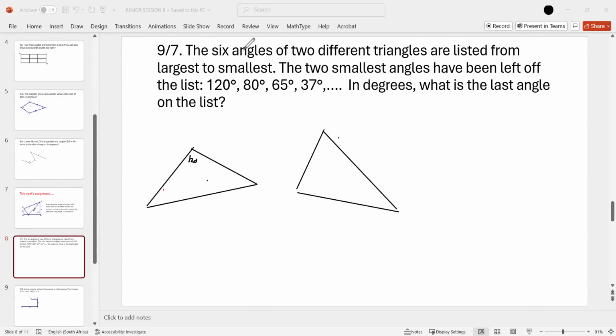The question is, can 80 be in this triangle?